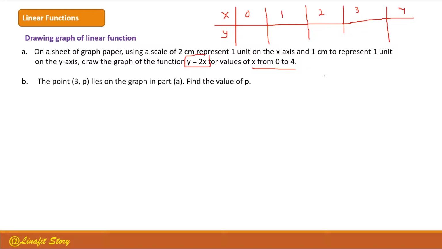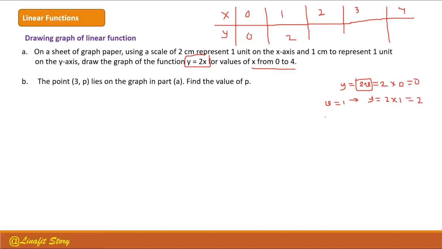So, if x is 0, so y is 2x. 2 times 0 is 0. Next, if x is 1, so y is 2x. 2 times 1 is 2.